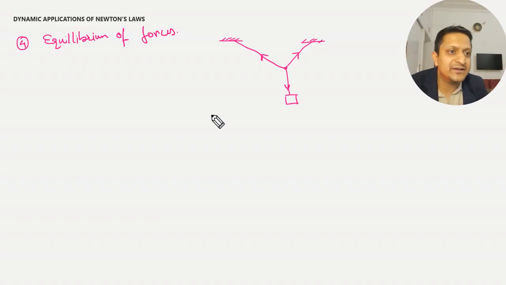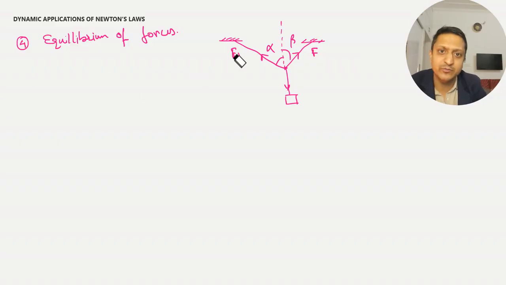This point is static. So if this point is static, we have to use the components of the forces. So this will be alpha, this will be beta, this will be F1, this will be F2, or T. We can write T here, which is the better symbol because it's a tension. So tension 1, tension 2, and downwards it would be mg.